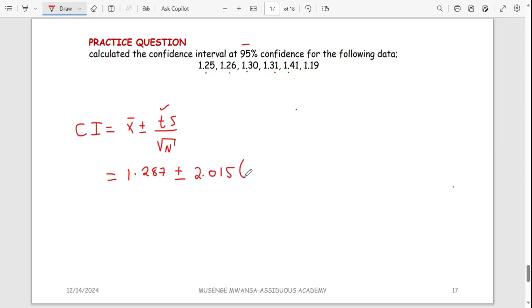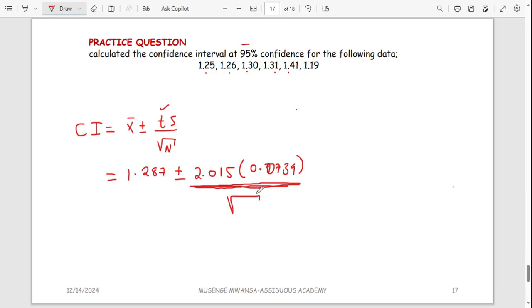So come here, 2.015 multiplied by s, which is the standard deviation. And the standard deviation we had determined is 0.0739, and then divide. Please, this line, the denominator is only going up to 2. Don't let it go beyond to reach to 1.287.